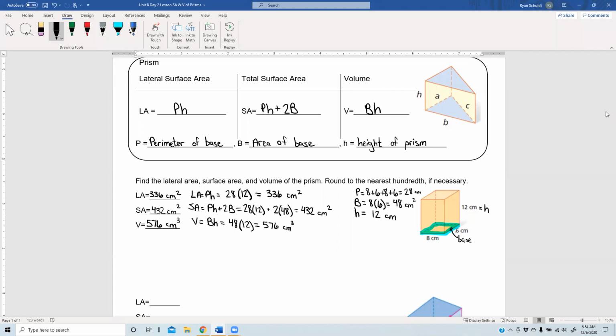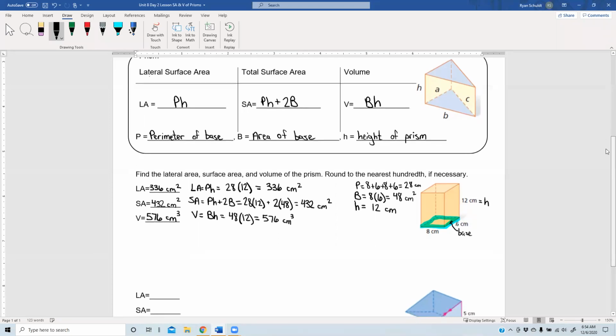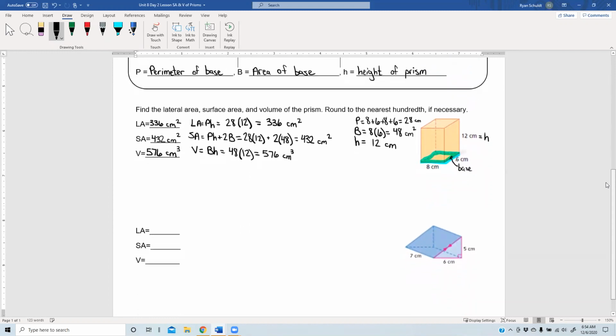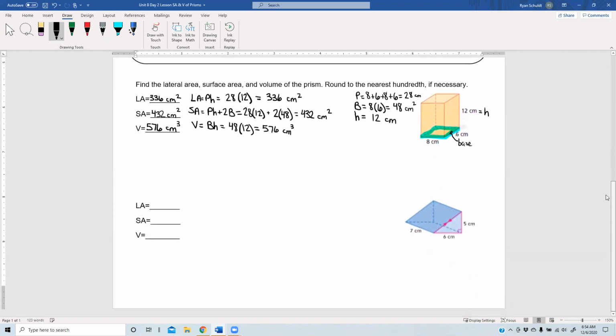Okay, so there's our first example. Since these are so in-depth, we're only going to have 2 examples today. There's our first one. Now let's look at our next one. So we have to look and see, is there any other shape besides a rectangle?